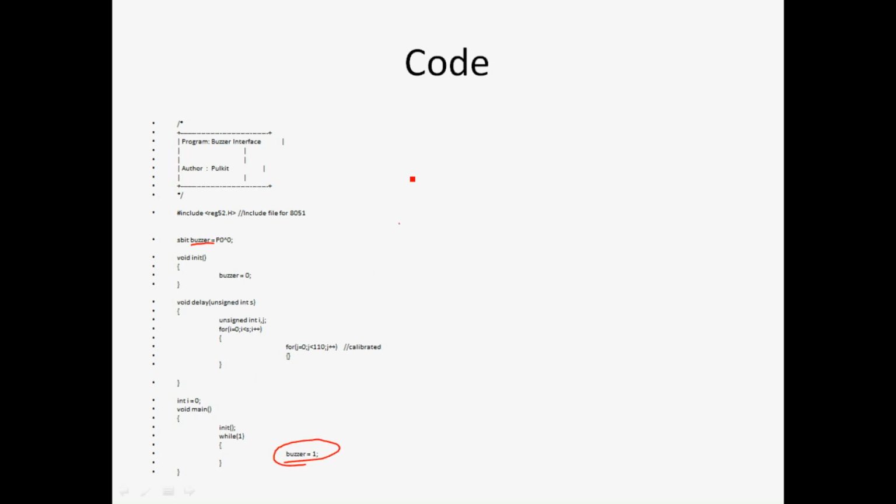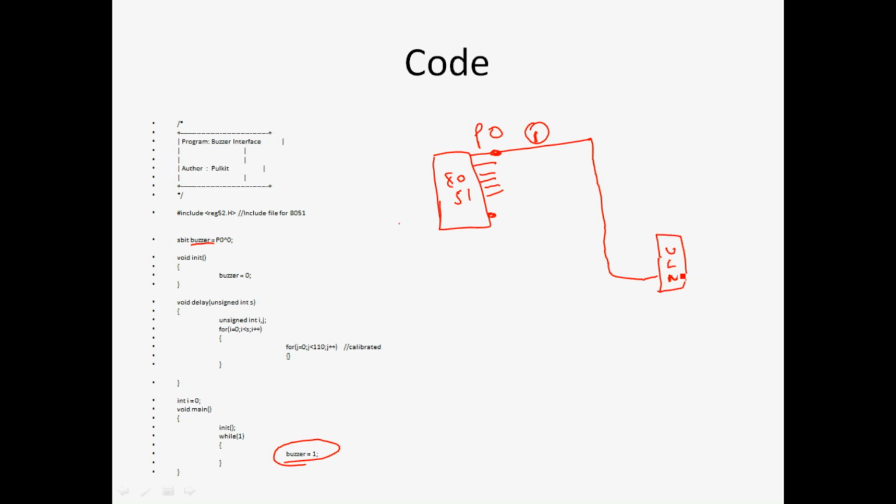This signal has gone to, suppose this is your 8051, and this is your port 0. So this signal has just gone to the ULN, where you have connected your buzzer.